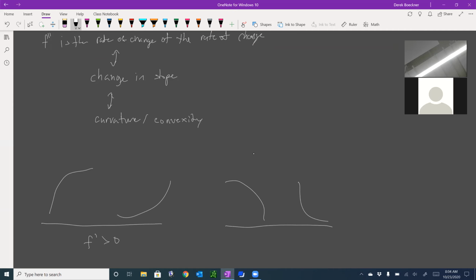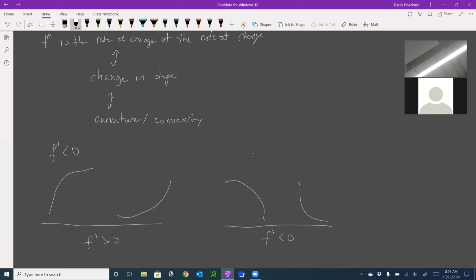Their slope is negative. This one starts out really steep and gets shallower. I have a big number for my slope here and a smaller number for my slope here. So the second derivative, the rate of change of slope, should be negative. The slope's decreasing, so f double prime is less than 0.